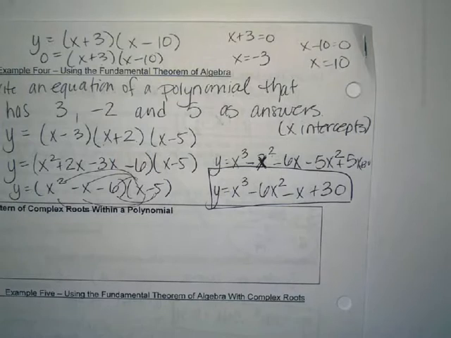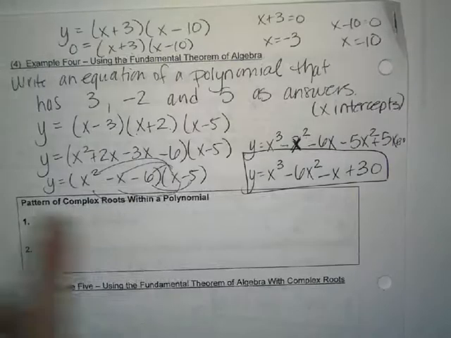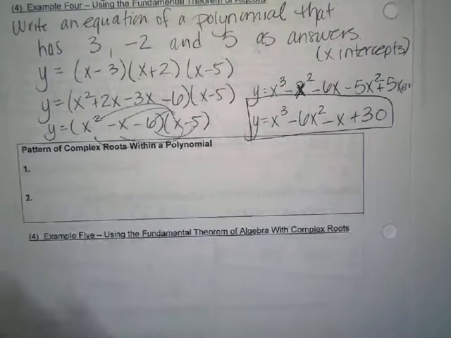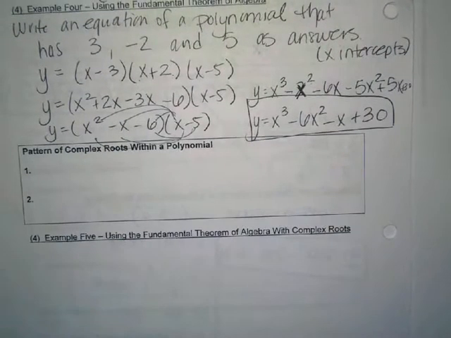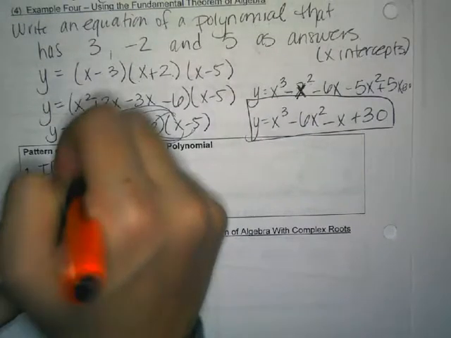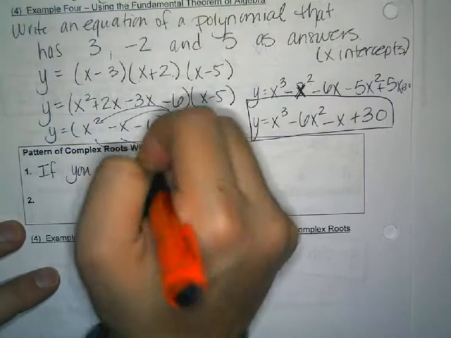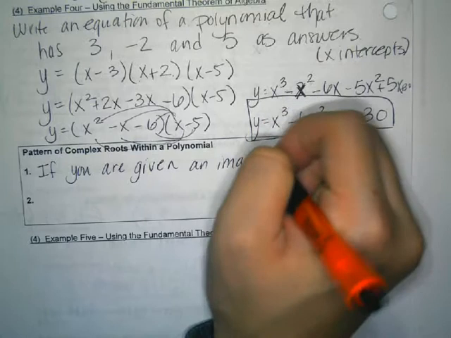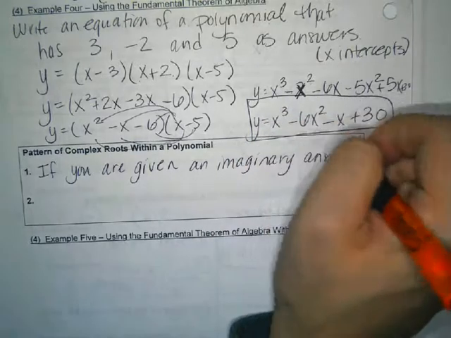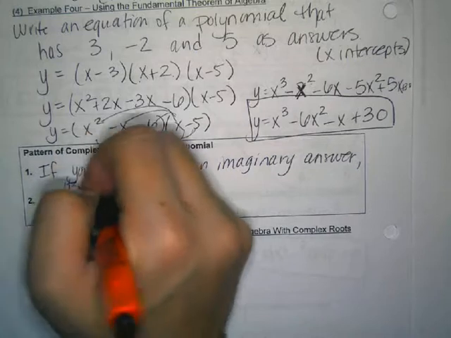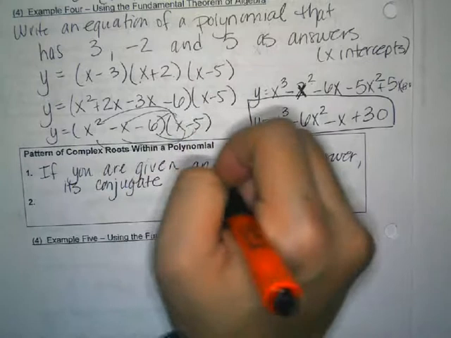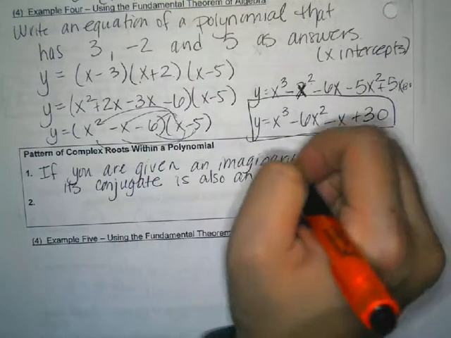So this is the 1 type of 4 type problem. The pattern of complex roots within a polynomial. What this is saying is, like, if you're given an imaginary answer, its conjugate is also an answer.